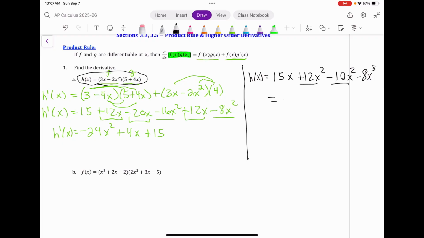Clean it up a little bit. And then if we take the derivative of this in standard form, we get negative 24x squared using the power rule plus 4x plus 15. So you can see it's the same thing.